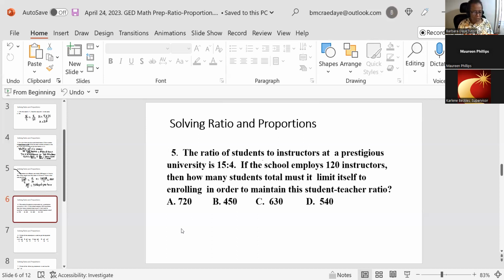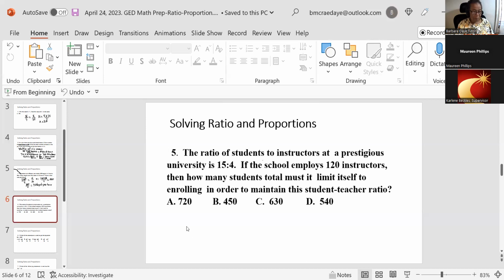How would you solve it? Okay, let me see. So we got 15 colon 4.